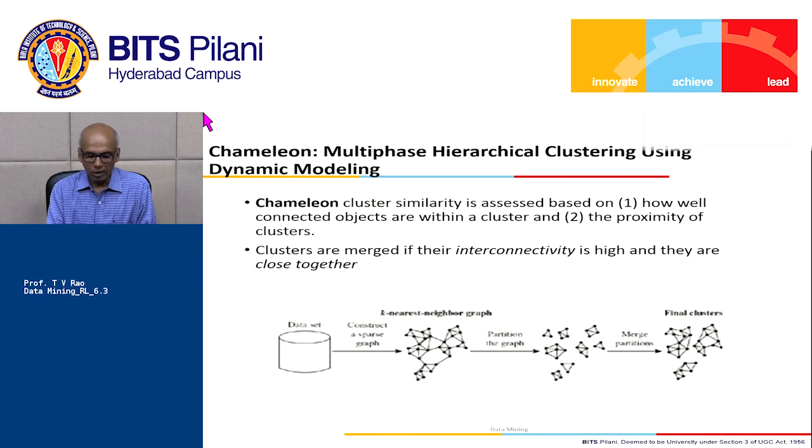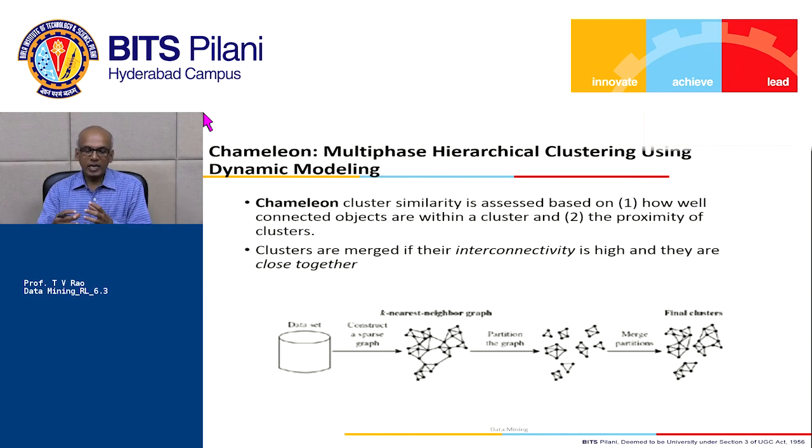For any point, it finds the k nearest neighboring points and creates an edge between the point and each of those points. Thereby you get a dense graph, compared to previously, when there are n points, we were getting about n minus 1 edges. But with the k nearest neighborhood graph, we get approximately n square edges when we have n points.